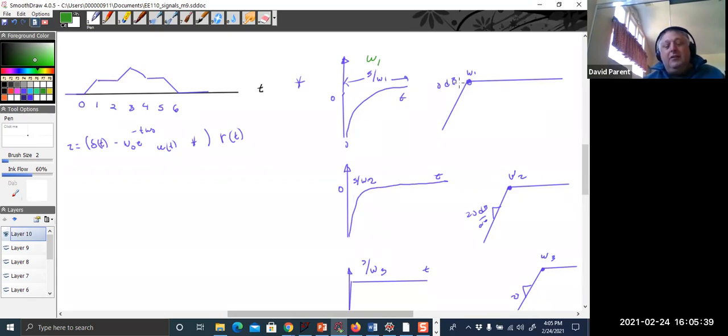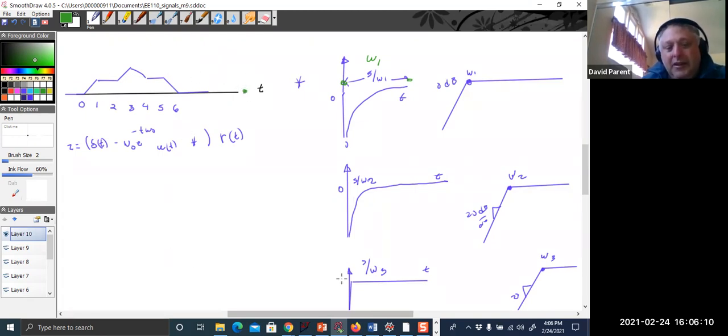So it should follow the shape, but it blocks DC, so it might start to decay. Then it follows the shape, and then it'll decay. If that's 5 tau, it'll go on for 5 tau.